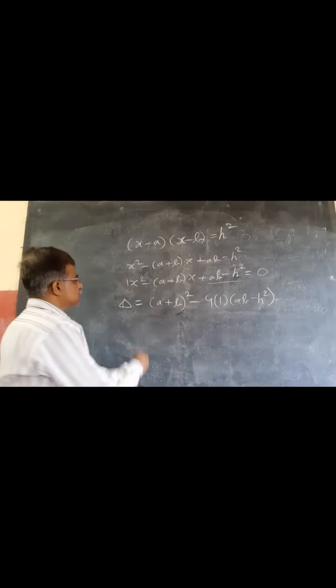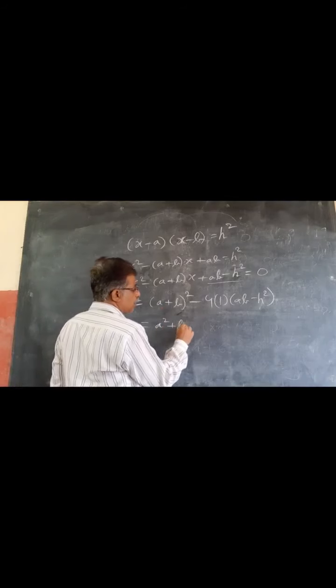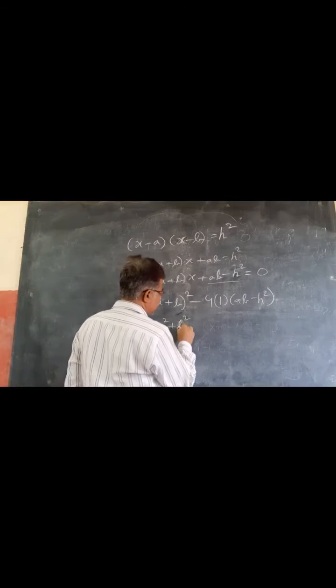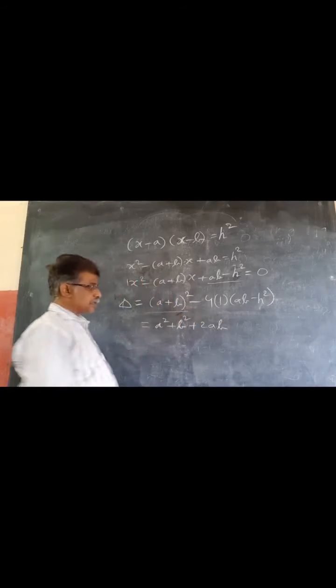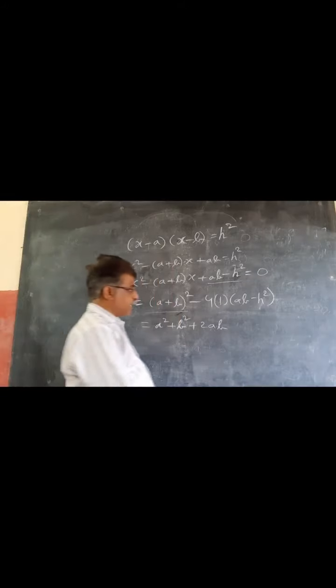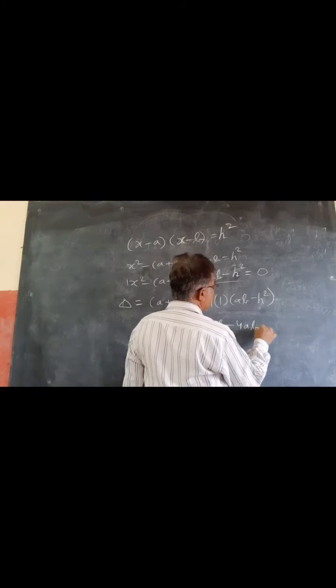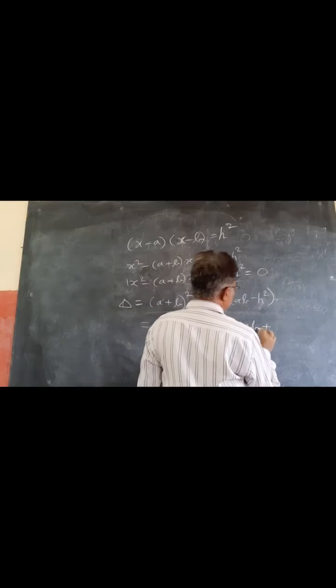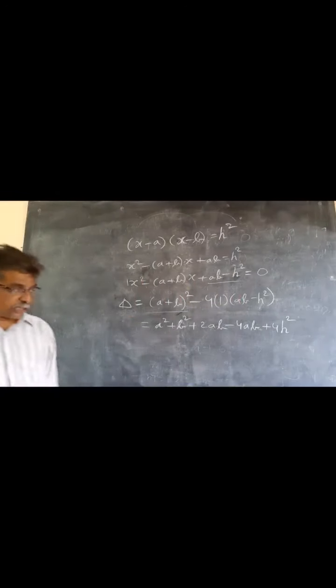Now a plus b whole square is a square plus b square plus 2ab. And by expanding this bracket, I get minus 4ab, and minus into minus gives plus 4h square.